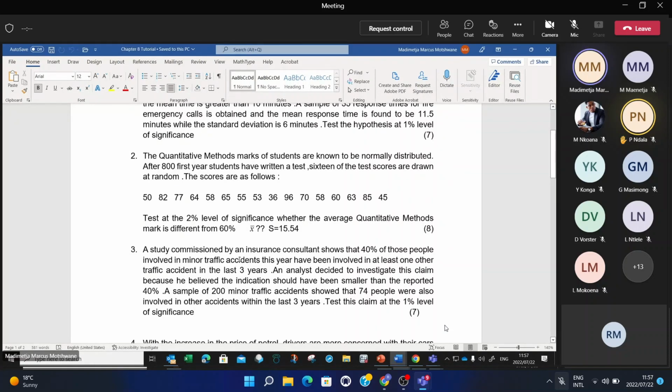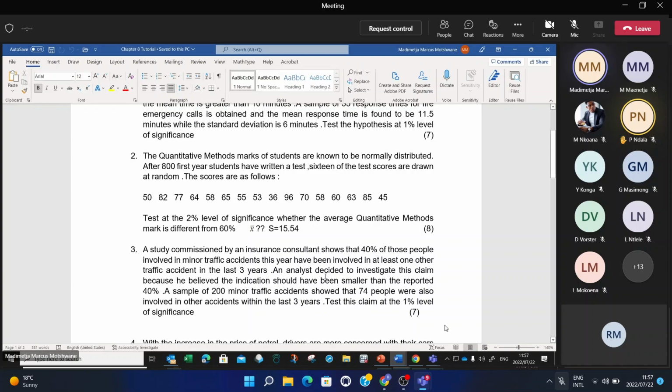A study commissioned by an insurance consultant shows that 40% of those people involved in minor traffic accidents this year have been involved in at least one other traffic accident in the last 3 years. That's just a statement.